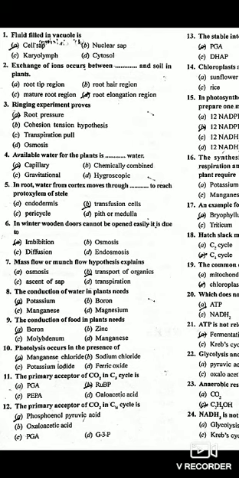11th question, the primary acceptor of CO2 in C3 cycle, option B, ribulose bisphosphate. Question 12, the primary acceptor of CO2 in C4 cycle is, option A, phosphoenol pyruvic acid.